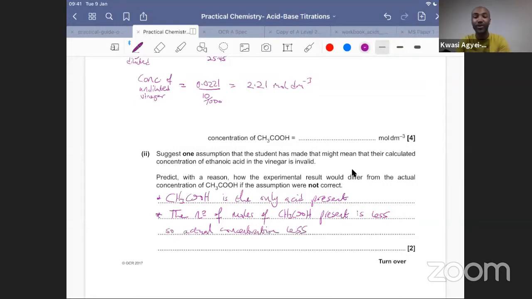So the actual concentration would be less than you would think. The concentration you've worked out isn't just down to ethanoic acid. There are other acids present, and so the real concentration of ethanoic acid is actually less than what you've just calculated.